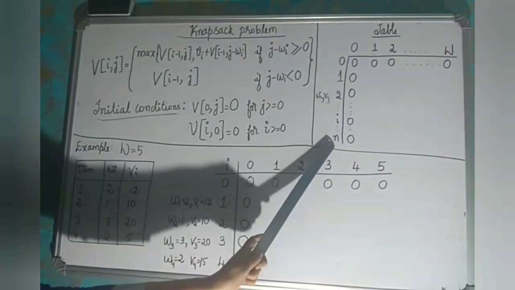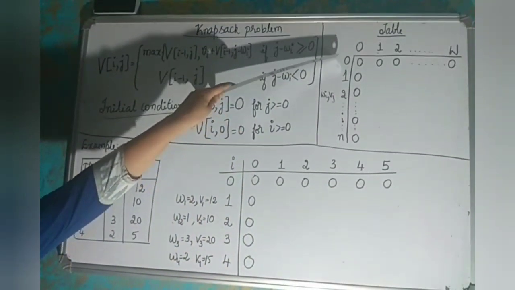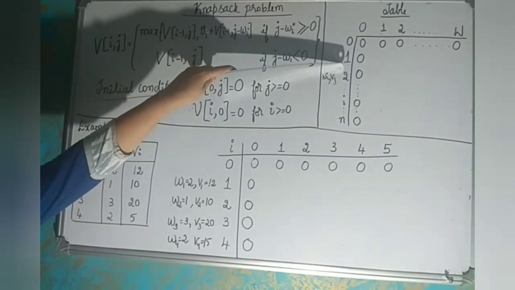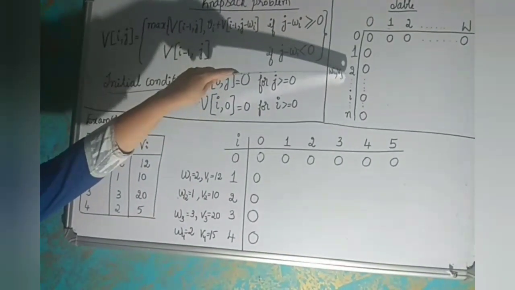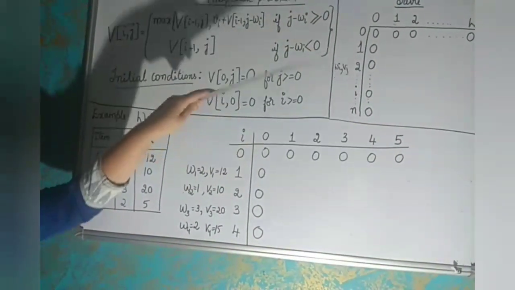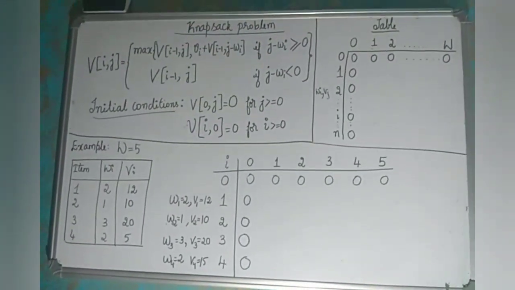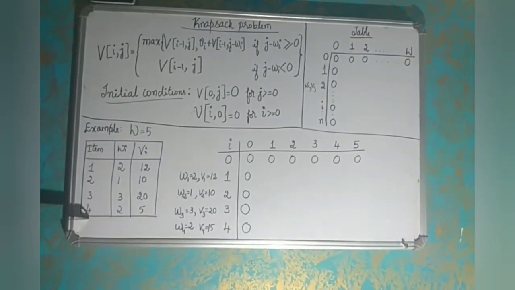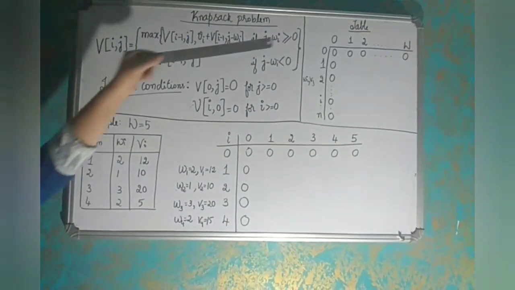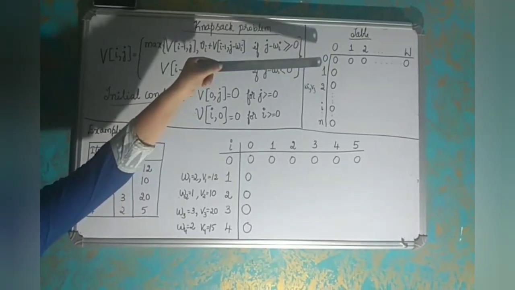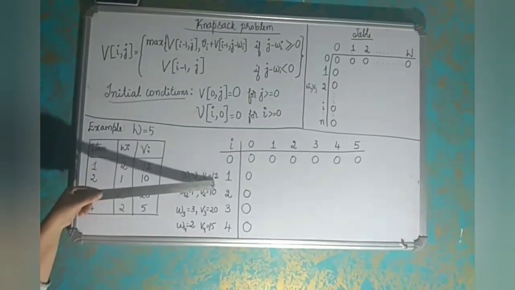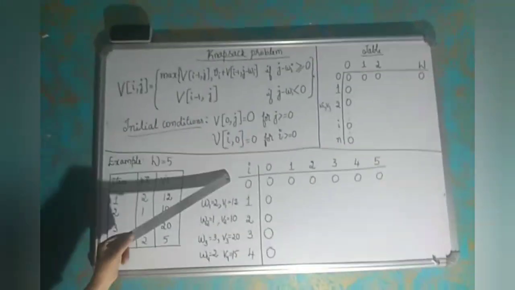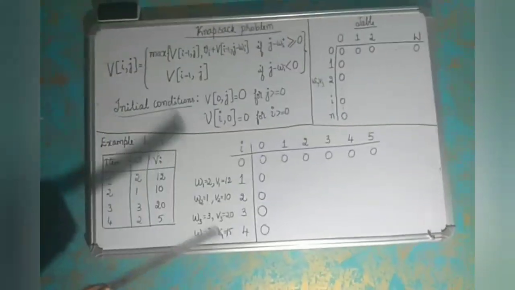Starting from 0, the index of the next row should be 1, the index of the third row should be 2, so on up to n. n is the total number of items. In this example we have 4 items, so the row index starts from 0 and then goes 1, 2, 3 and 4. So n is 4, and there should be a total of 5 rows.